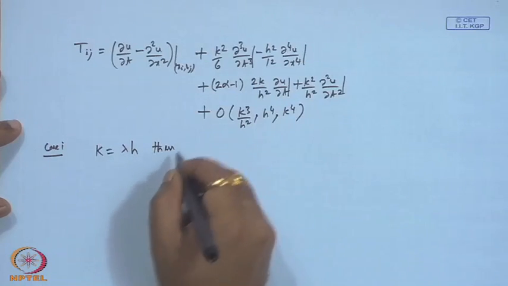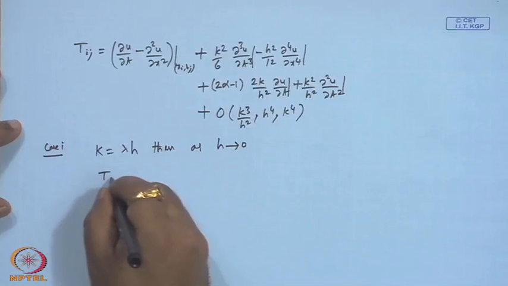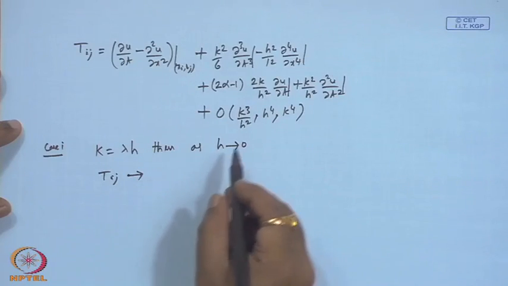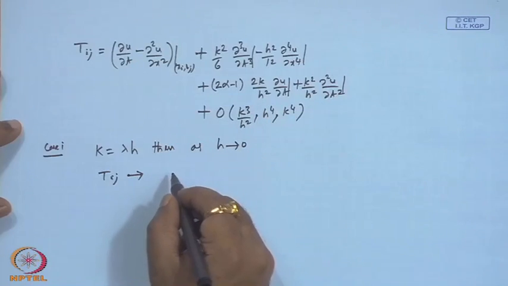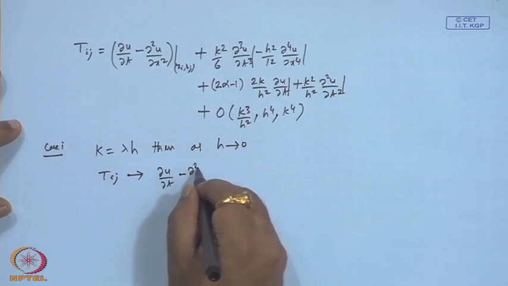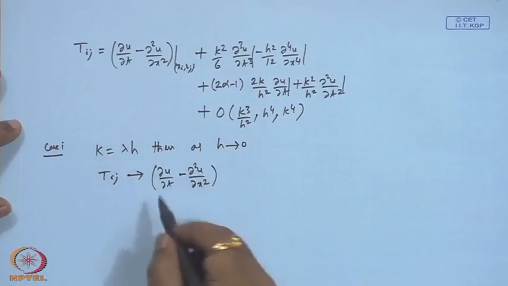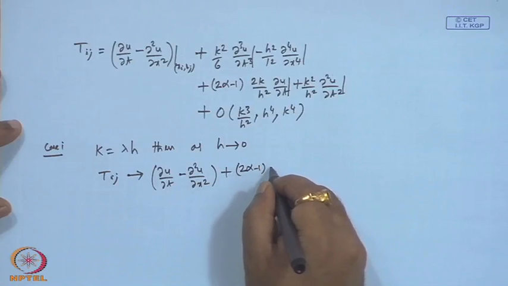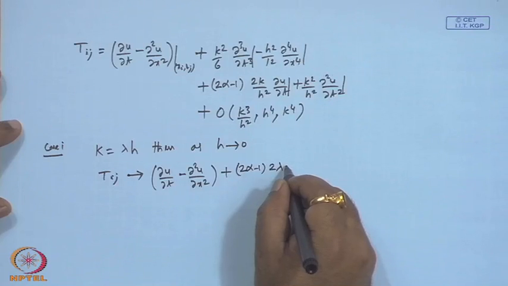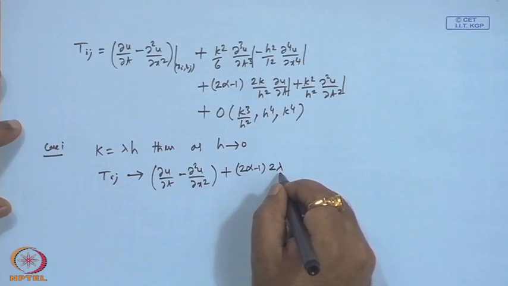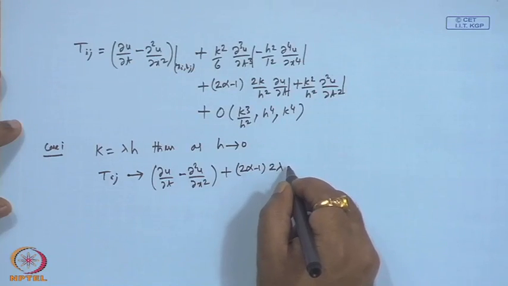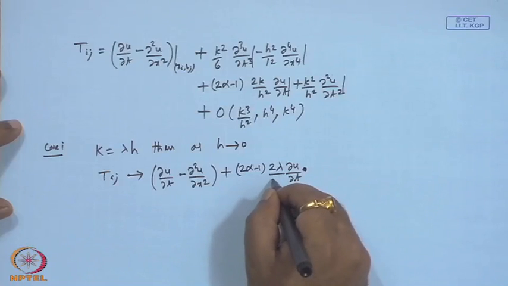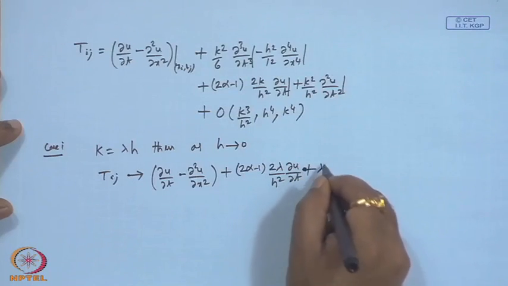Then as h goes to 0, T i j goes to, you can see, as h goes to 0, T i j goes to, so this is the first term, plus two lambda by h square plus lambda square.